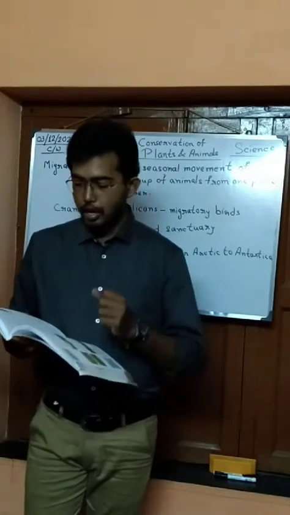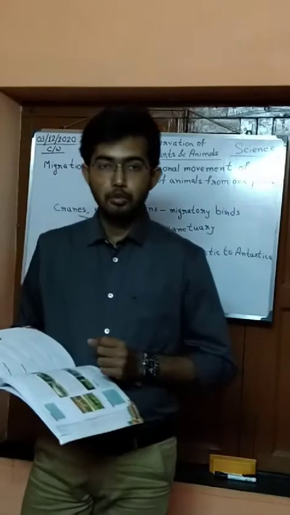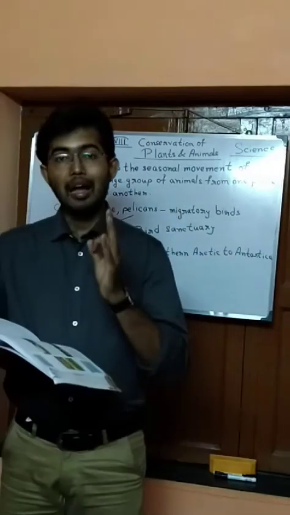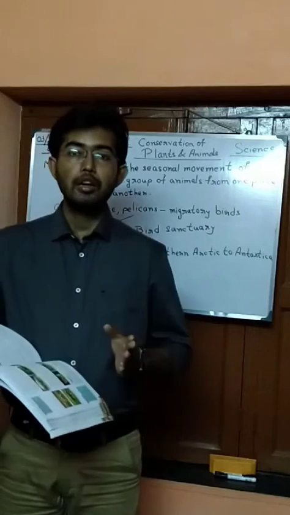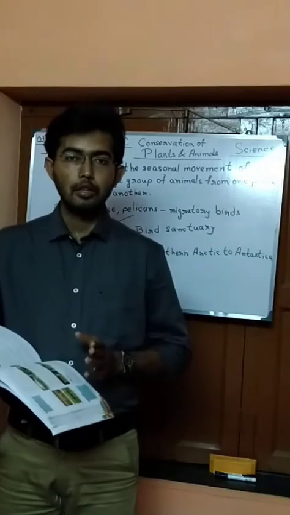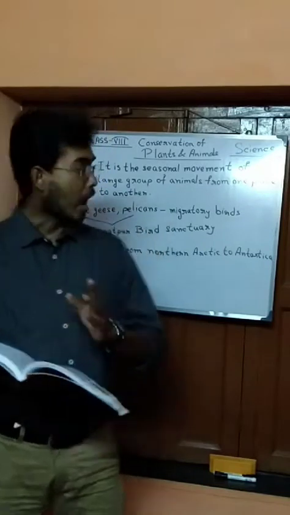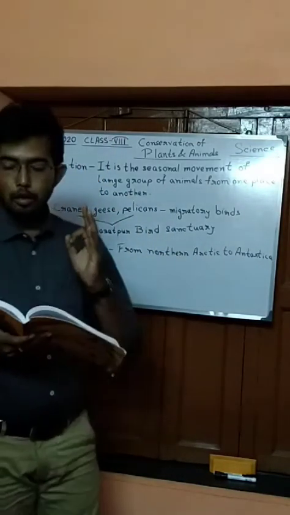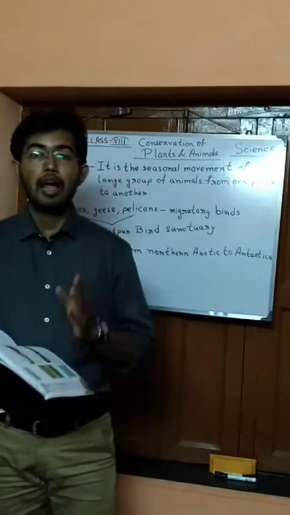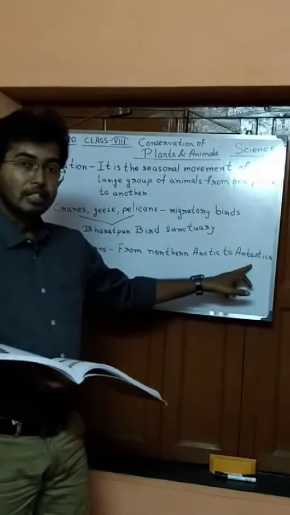Okay, students. Now Arctic tern, students, it is the longest migratory bird. This bird migrates every 6 months from northern Arctic all the way across the planet to Antarctica, students.